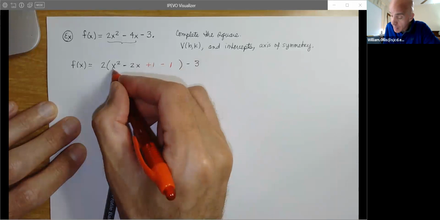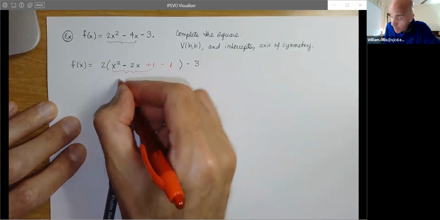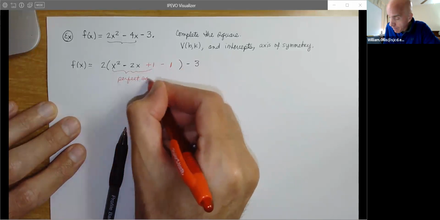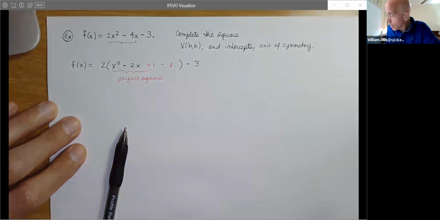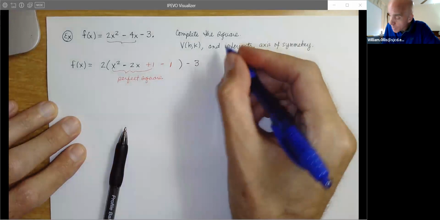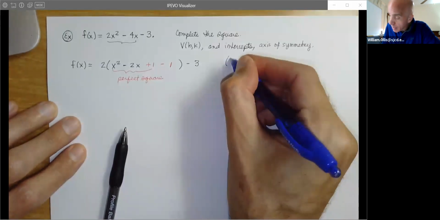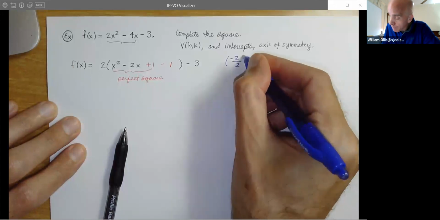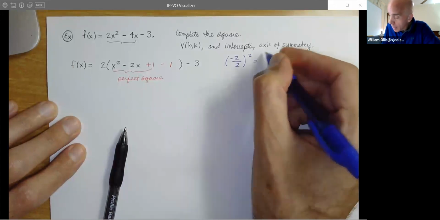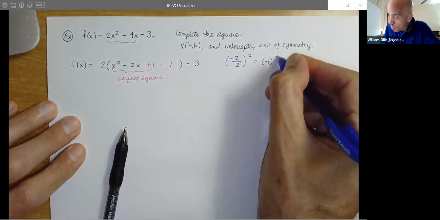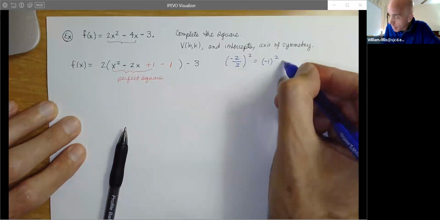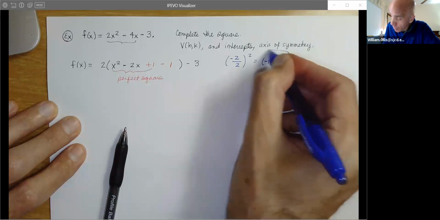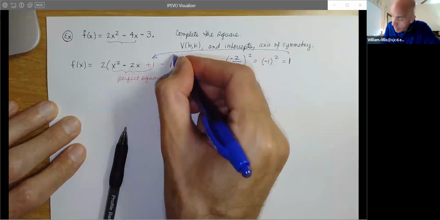Notice this is now a perfect square. So over here to the side, we see that we do negative 2 divided by 2, squared, and that's negative 1 squared. So that equals 1. So the 1 here, we add and subtract.